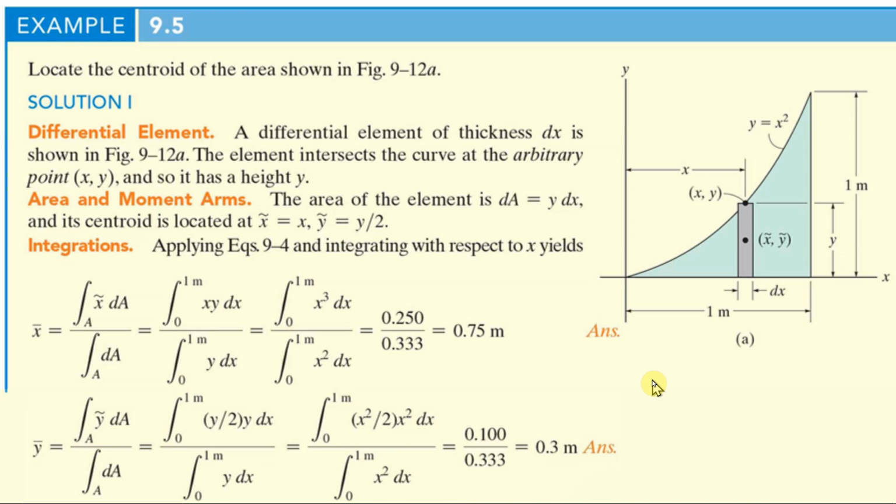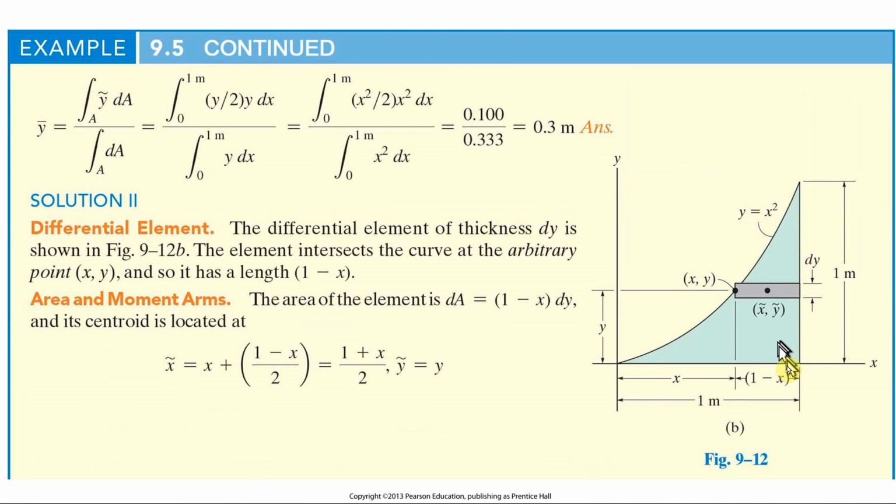Now, you can look at it a little differently. This is a little more complicated. So this time we're integrating y from 0 to 1. And x bar is going to be x plus (1 minus x) over 2. Y bar, y tilde I should say, is just going to be y.